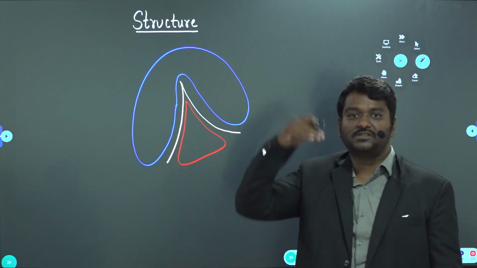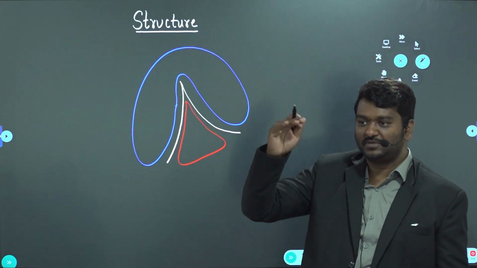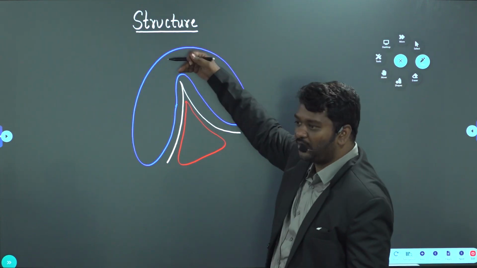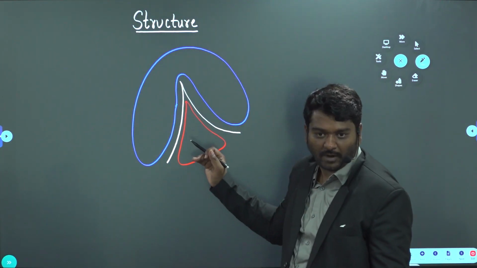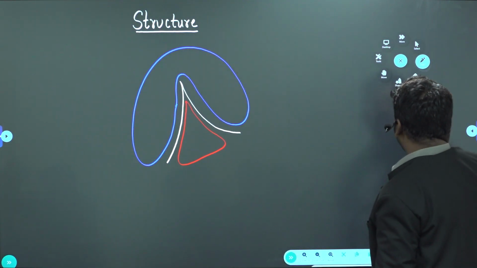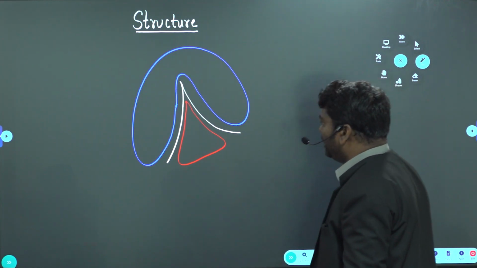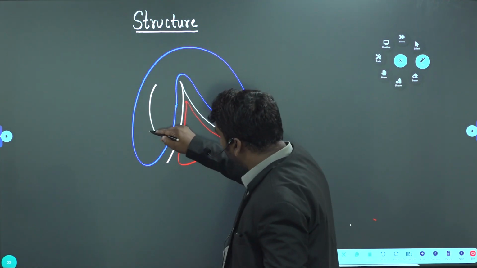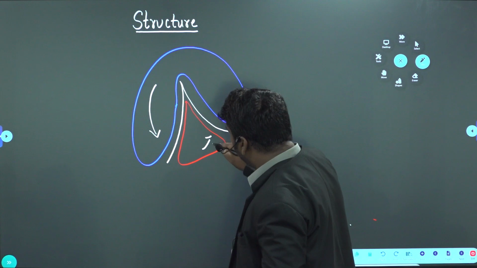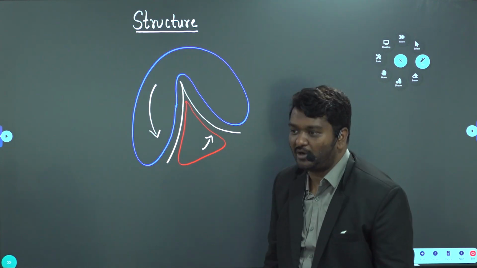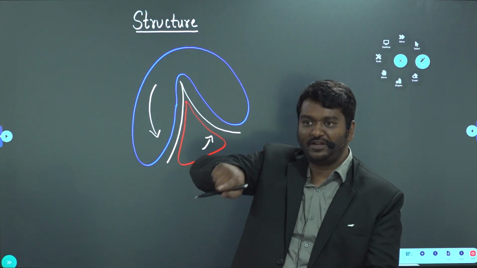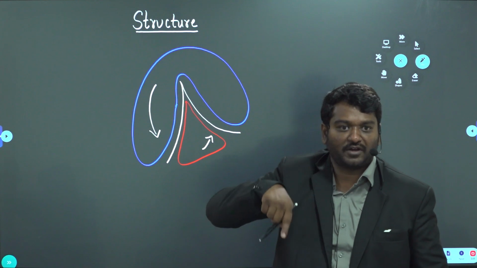Think about it. Poles are above, temperate region is below. So at the poles you will have cold, below you will have warm. And because of this, please see, cyclones will circulate anti-clockwise in the northern hemisphere.